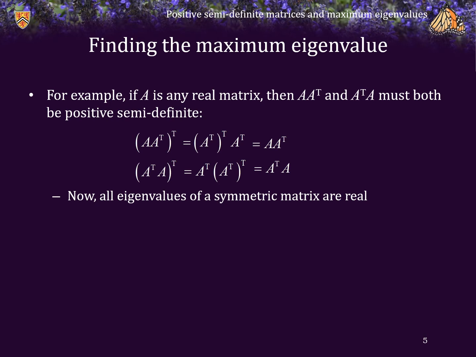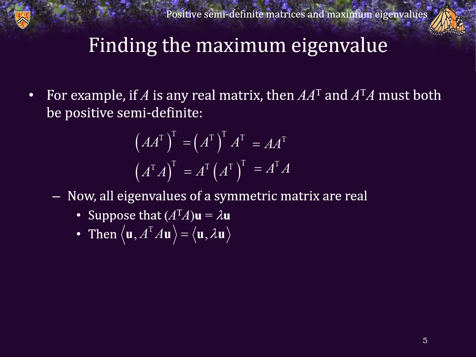Now, we also have that all the eigenvalues of a symmetric matrix are real. Let's now show that, in this case, they must also be positive. So suppose that A transpose times A has an eigenvalue lambda. So therefore there is an eigenvector u such that A transpose times A times u is equal to lambda times u.